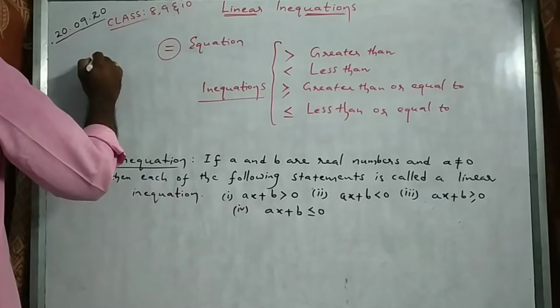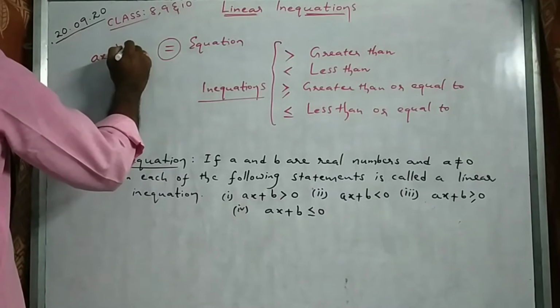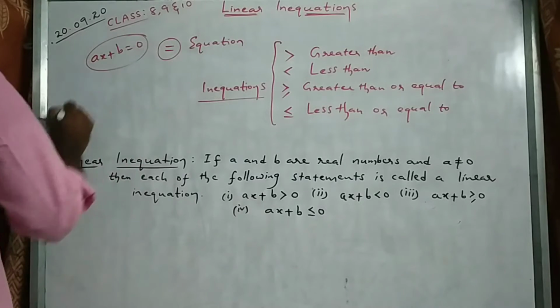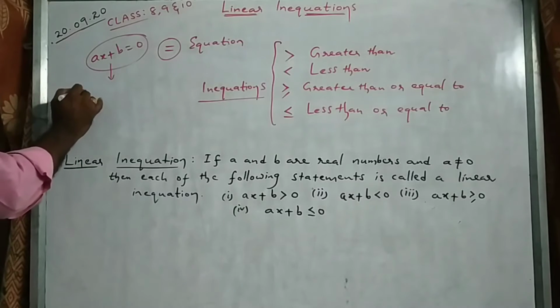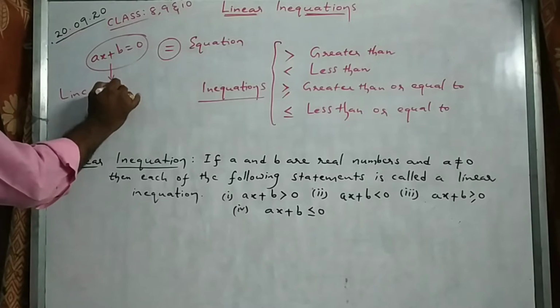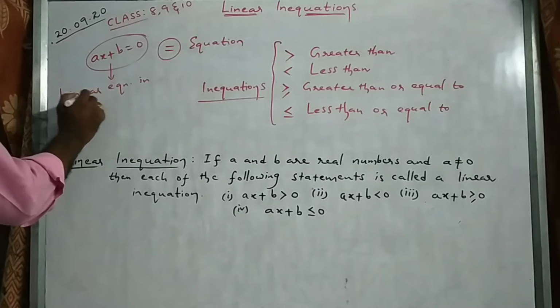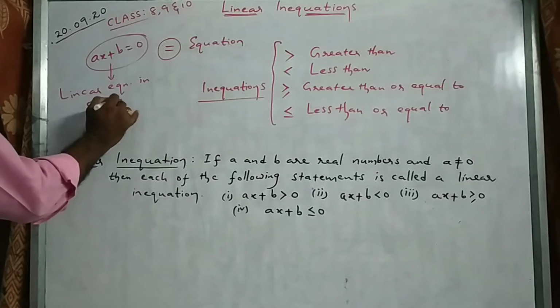For example, ax plus b is equal to 0 is a linear equation in one variable x.